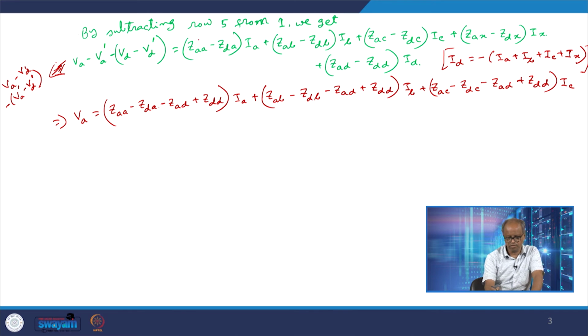By the way, these are all primitive values. So these are also all primitive values.